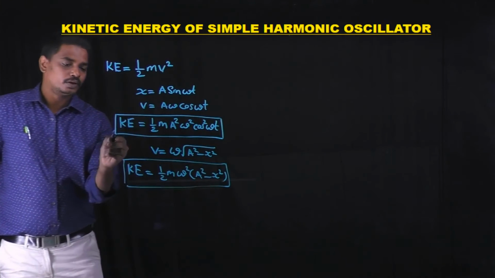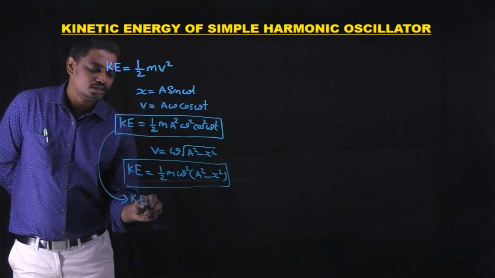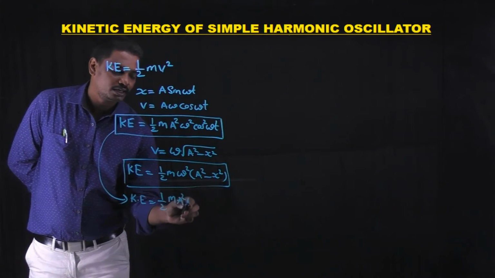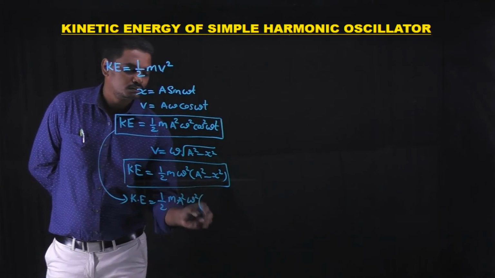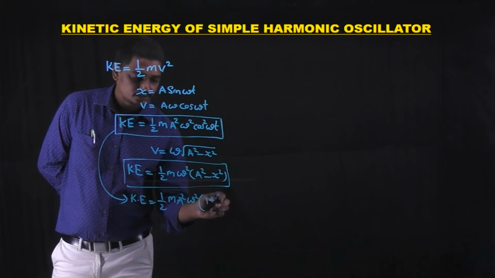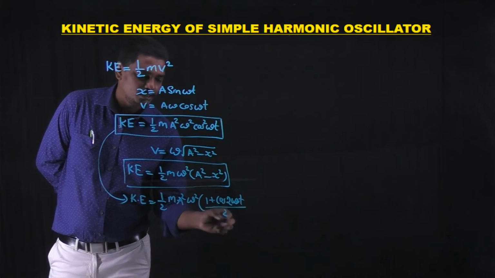Or the above expression can also be written as kinetic energy KE is equal to half m A square omega square into cos square omega t, which can be written as 1 plus cos 2 omega t by 2.